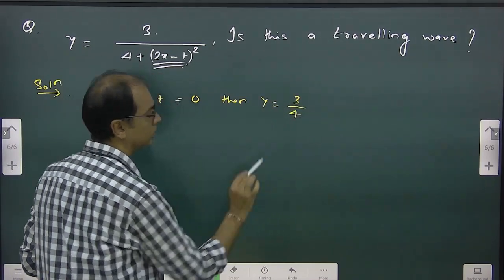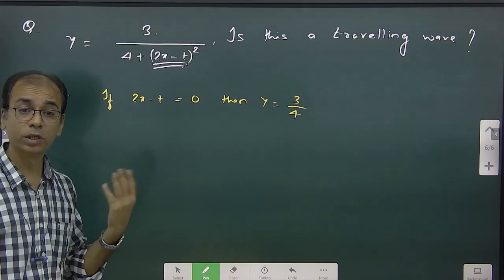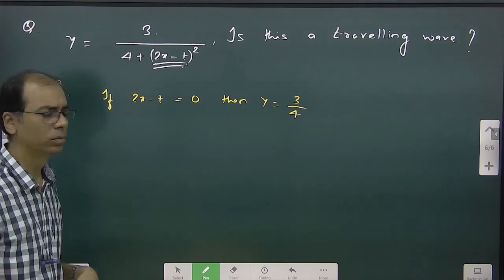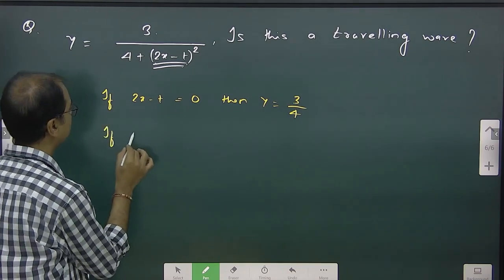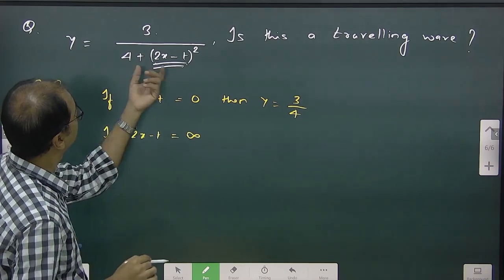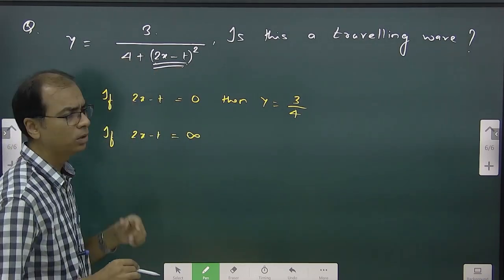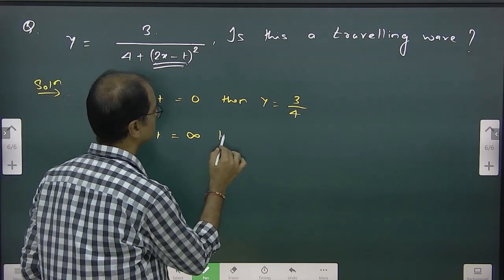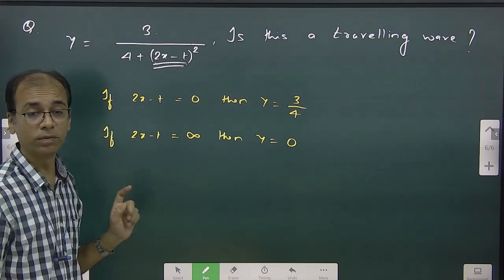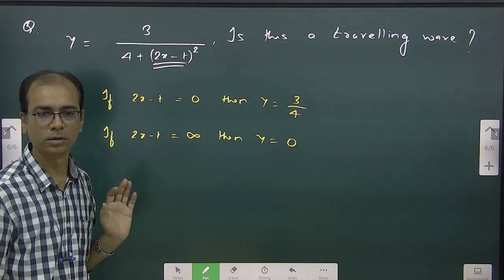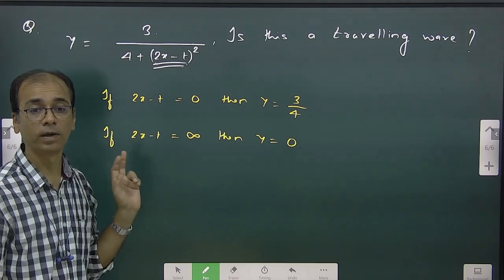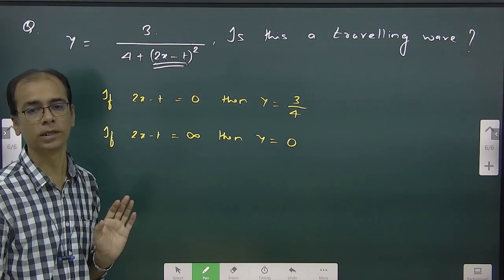If 2x minus t becomes infinite, meaning a very large value, then y value will become 0. So it has a finite value for both extremes. So y value is defined for every value of x and t.